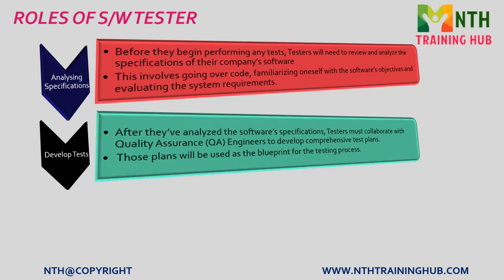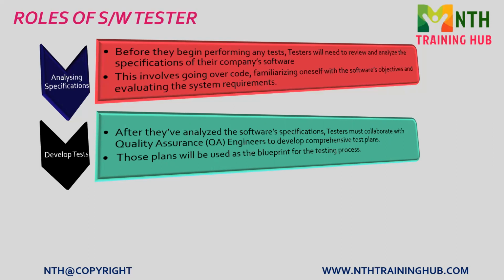After they have analyzed the software specifications, testers must collaborate with the quality assurance team, the quality assurance engineers, to develop comprehensive test plans. Those plans are going to be used as a blueprint for the testing process. Being a testing engineer, don't just say that you're a testing engineer.